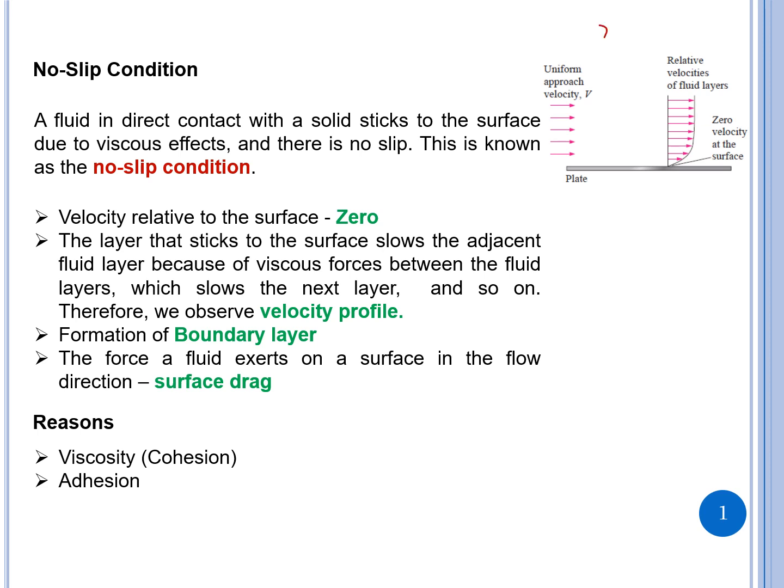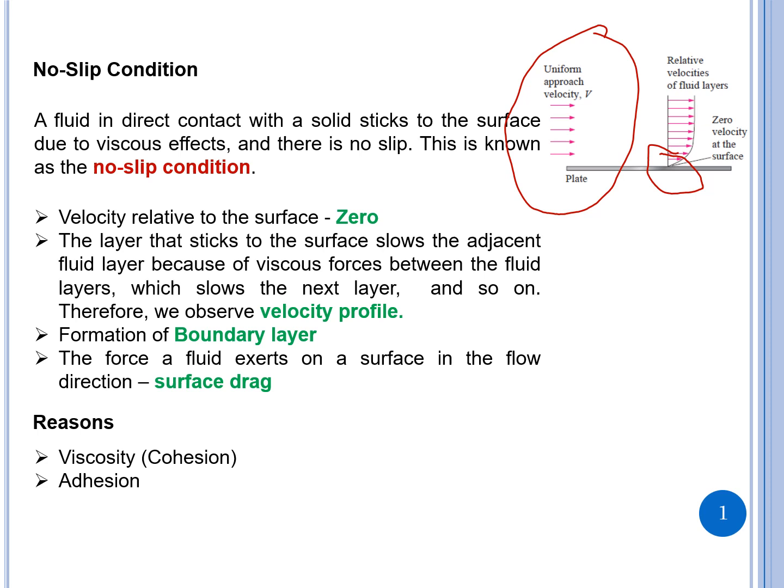If you look at this figure here, when a fluid approaches a plate, it has a uniform velocity. When it comes over the plate, the fluid which is closer to the plate sticks to the surface, and when it sticks to the surface, it has zero velocity.